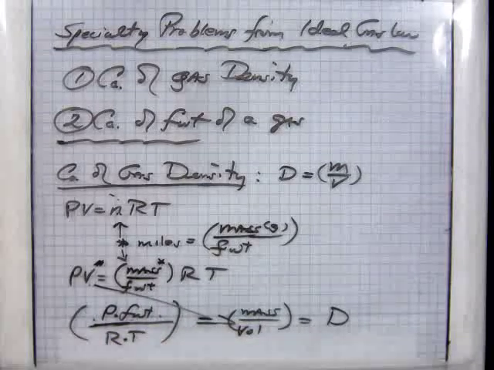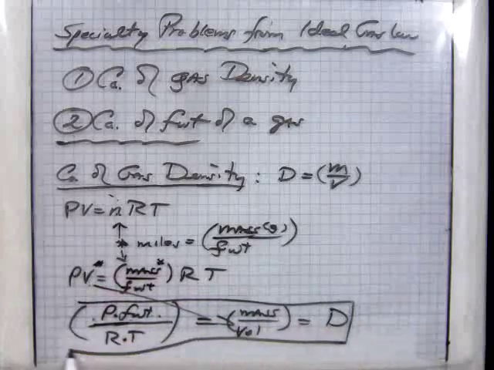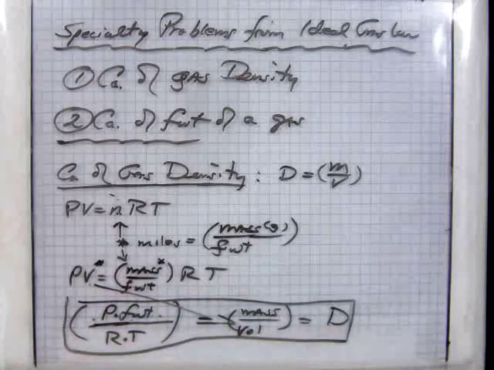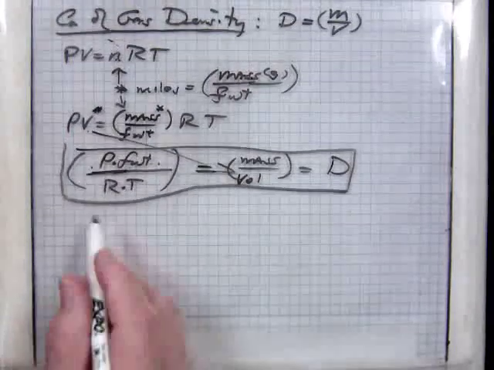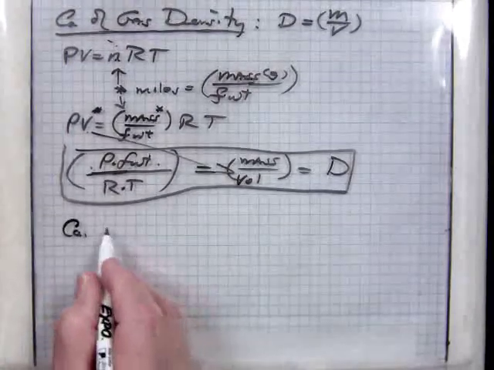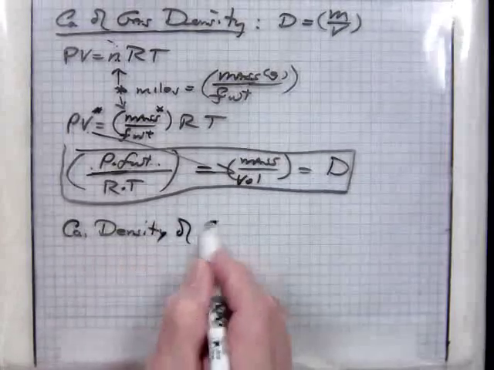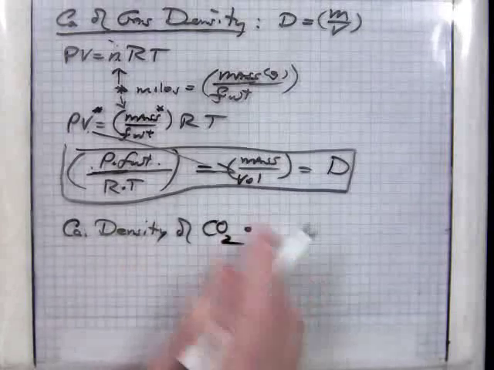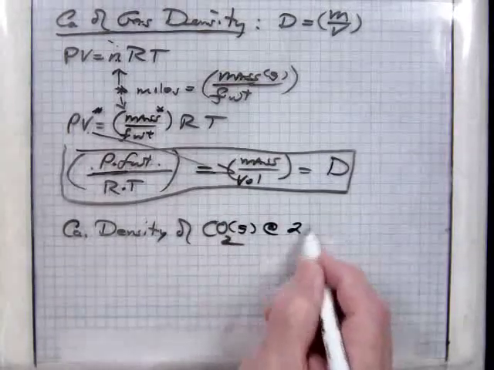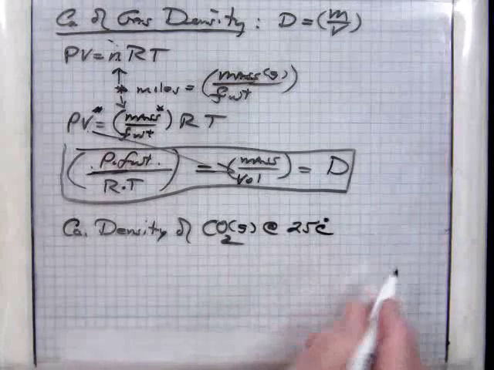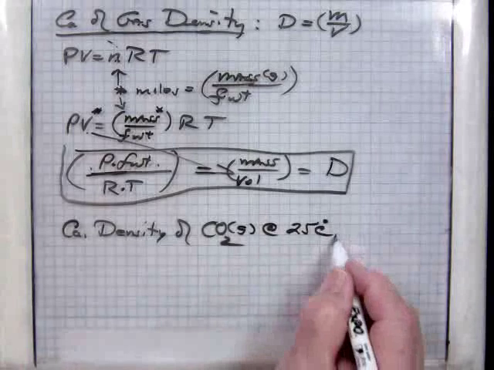Okay, so if you have a problem where they ask you, what's the gas density at 25 degrees Celsius? So we'll do that. Calculate density of CO2 gas at 25 degrees C, 1 atmosphere.